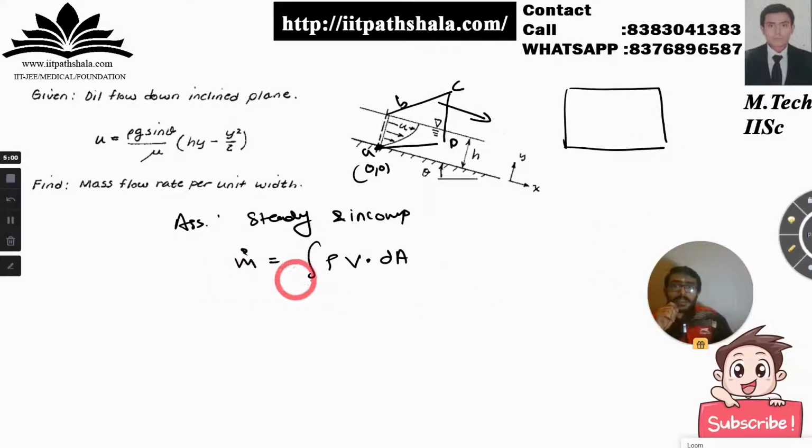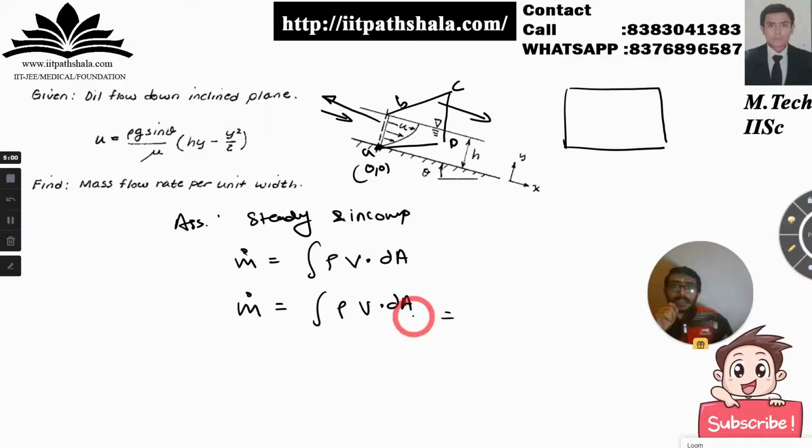Now I need to calculate the mass flow rate. So mass flow rate will be equal to rho v dot dA. Now if you see over here, velocity is going inside and your area vector is outside, so you can say that it is a negative mass flow rate. That doesn't even matter over here, because you need to only find the mass flow rate per unit width. Width will be a scalar quantity itself.